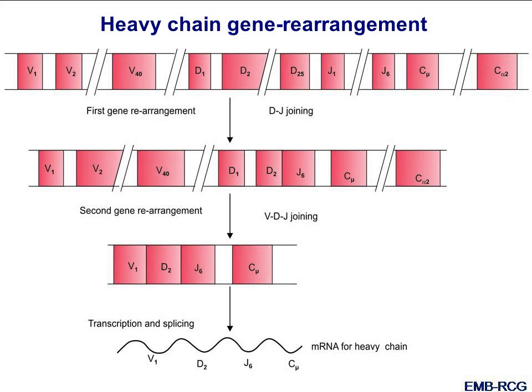For example, in this particular lymphocyte, it is a D2 gene from the D cluster which has joined J6 gene from the J cluster. So DJ joining has occurred, D2 and J6 have been brought together, and the intervening DNA has been deleted.